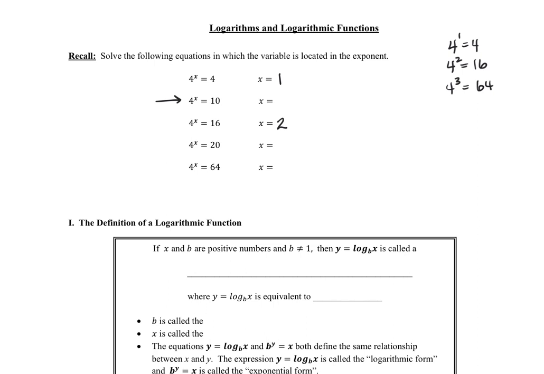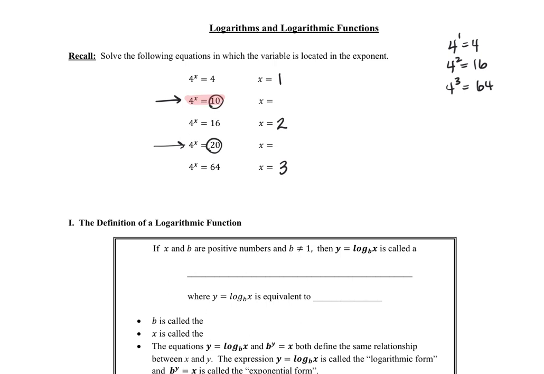We know 4 times 4 times 4 is 64, so 4 to the third power is 64. So right now we have these two equations that we're really not able to solve explicitly for x because there isn't a power of 4 that gives us exactly 10, and there isn't a power of 4 that gives us exactly 20.